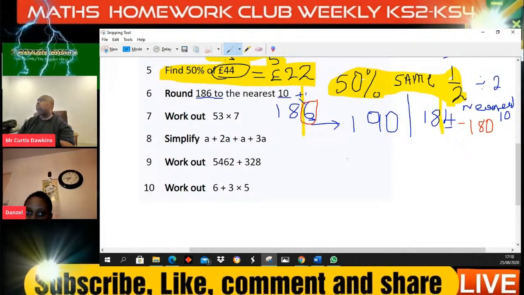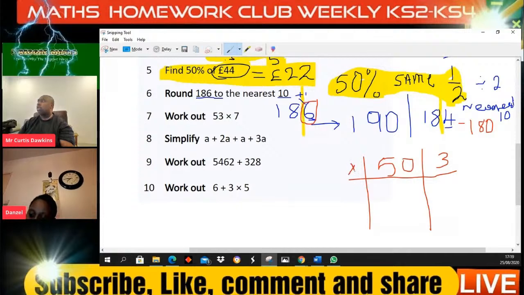Right, so you're going to write, remember which way I show you. So you write it this way. So you're going to put 50, yes, 50, right, and 3 units. Okay, times by 7. So you're going to say, what's 7 times 5, Denzel? Right. 7 times 5 is 35.